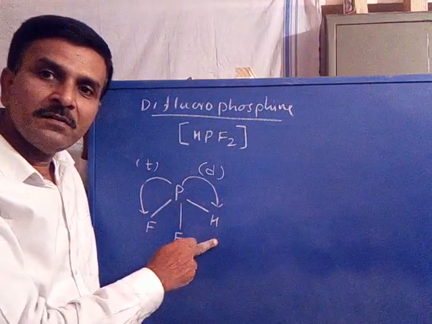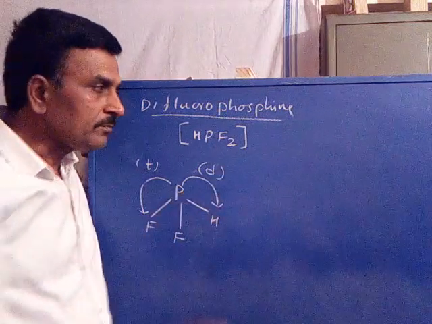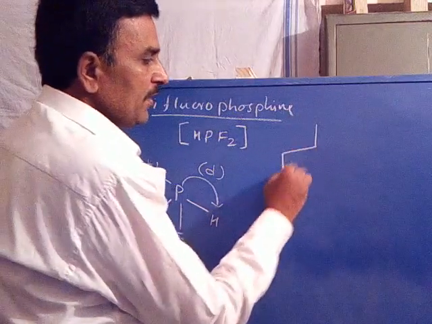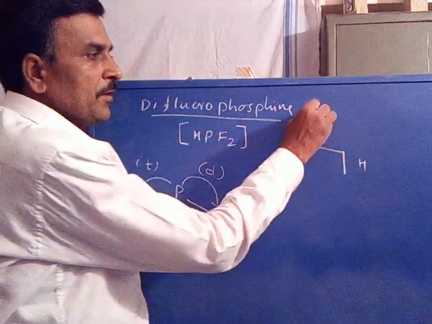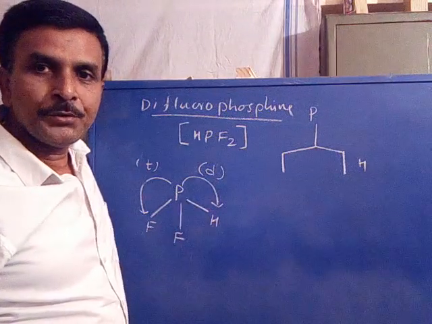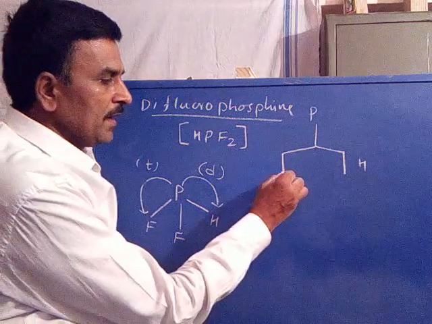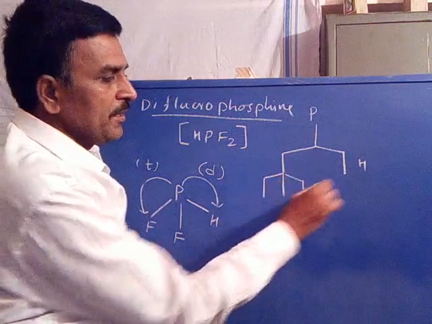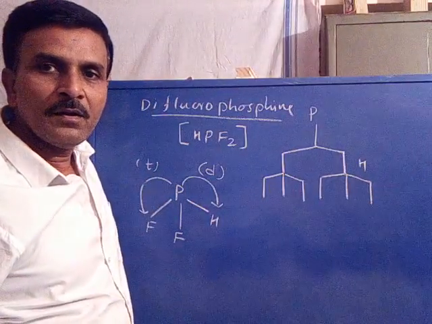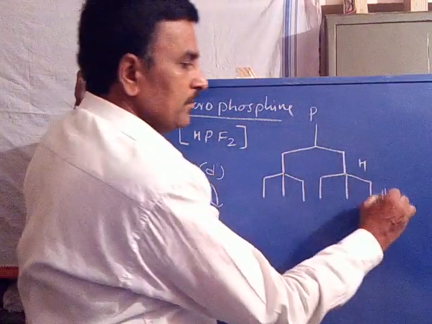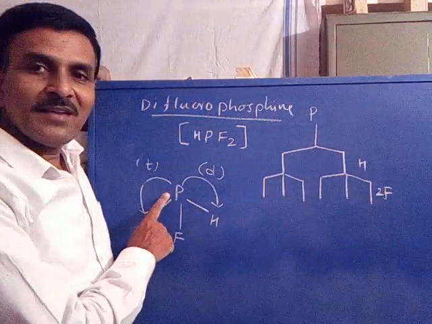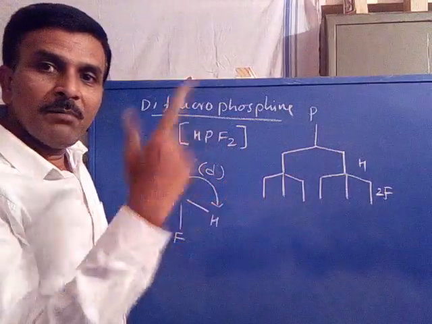So this is the condition under non-equivalent coupling. That is, a singlet signal before coupling, a doublet signal when coupled with hydrogen. This is for phosphorus. Before coupling it is a singlet. A doublet is observed due to the coupling with hydrogen, and every line of the doublet is further split into a triplet because of fluorine coupling. There are 2 fluorines coupling. So in brief, one signal appears as a doublet of triplets.